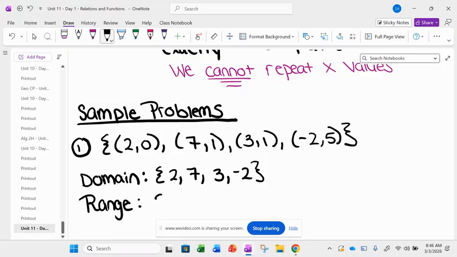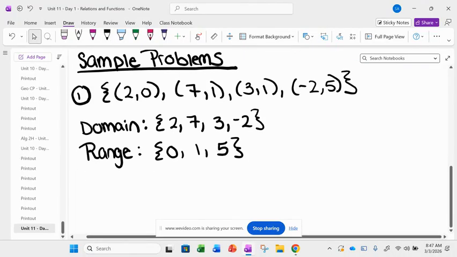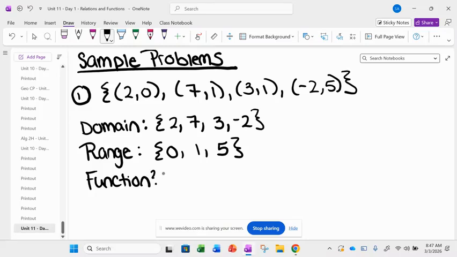Now I'm going to list the range of this relation. So it's 0, 1. Do you think I need to put 1 again since it's repeated? No, we only need to put it one time, and then a 5. And now I'm going to ask, is this relation a function? Yes or no? Yeah, it is a function.